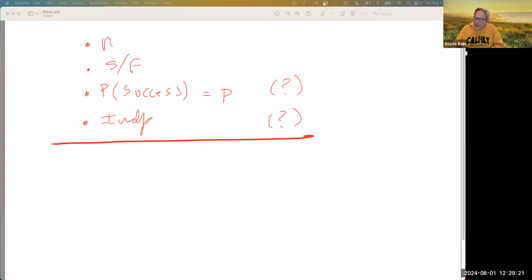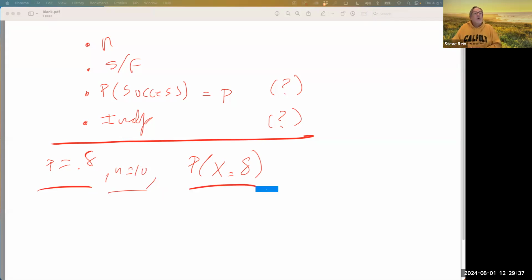So if the player normally shoots 80%, okay, what is the probability that that player gets exactly 8 out of 10? So n is 10. So you tell me n and p, and then the chance you want to solve for. It's a matter of plug and chug.